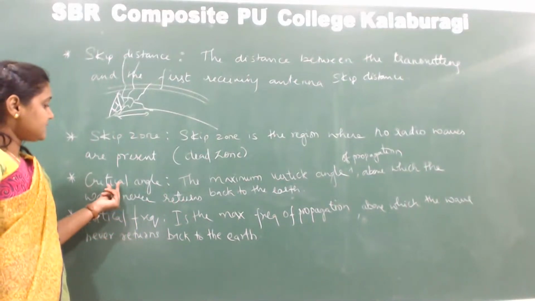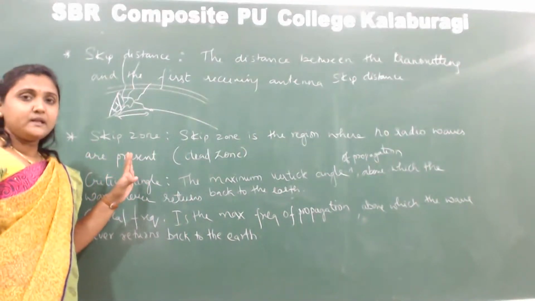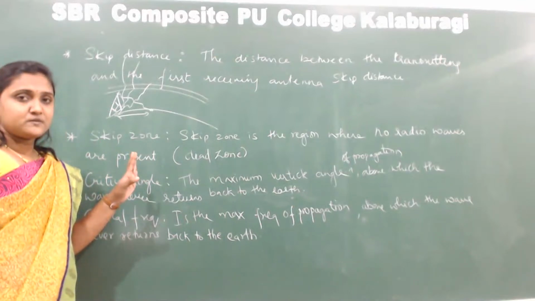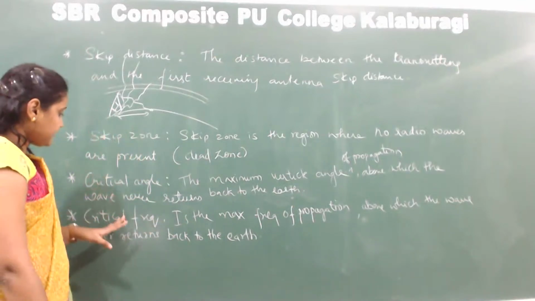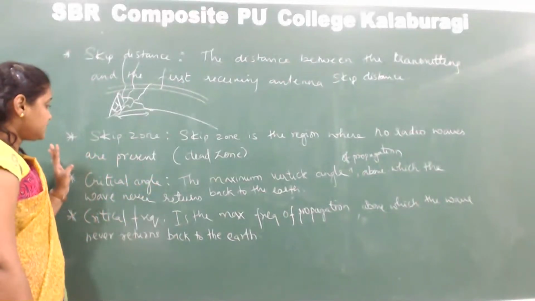If the angle is taken greater than the critical angle, the wave is simply lost in the layers of the ionosphere. It will be lost in space.